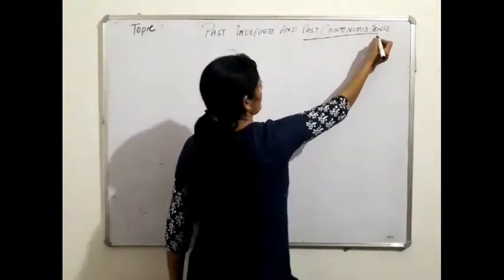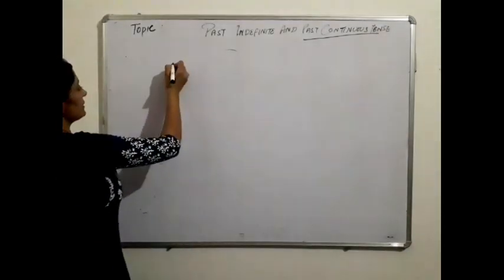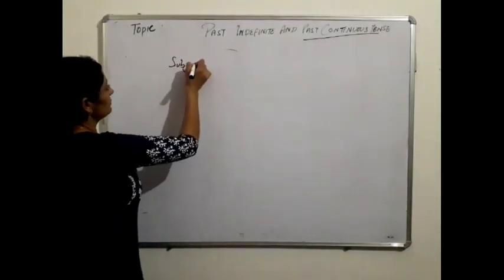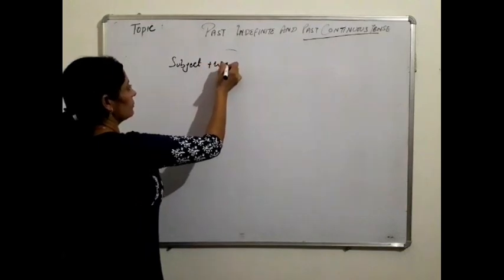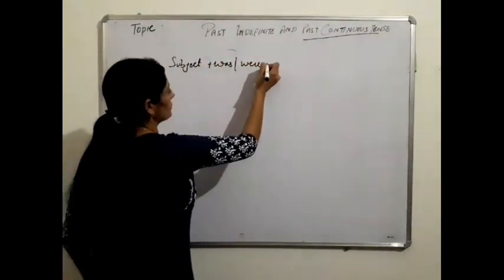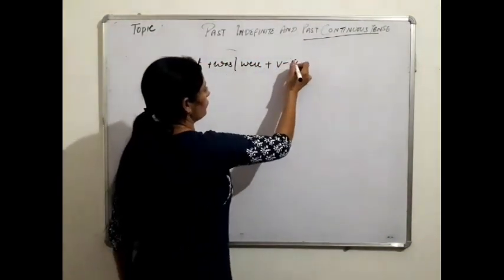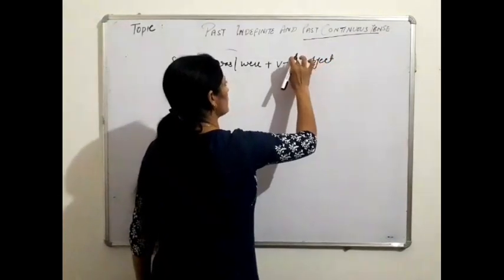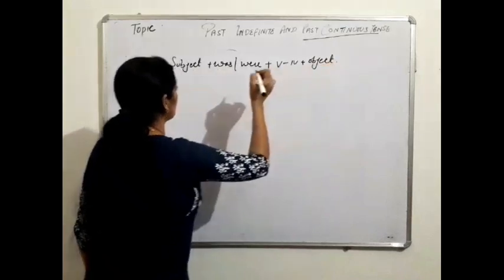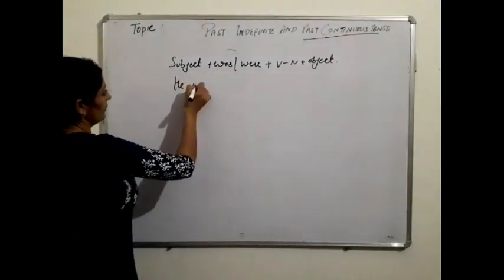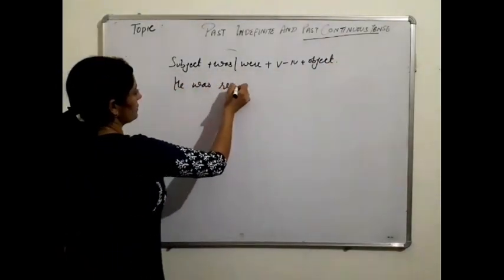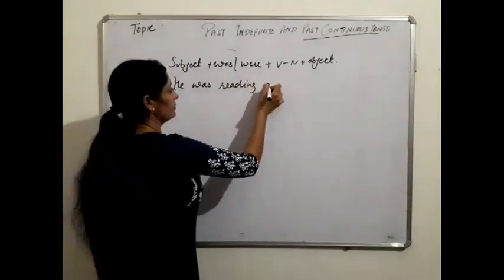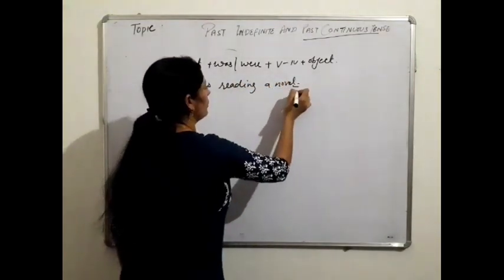Past continuous tense. Structure of past continuous is subject, then was or were, fourth form of verb and object. For example, he was reading a novel.